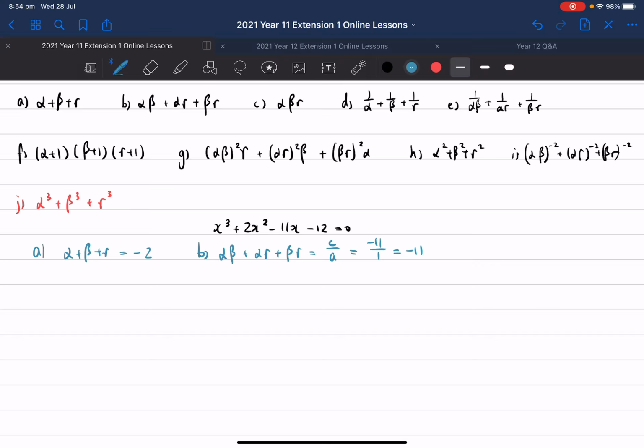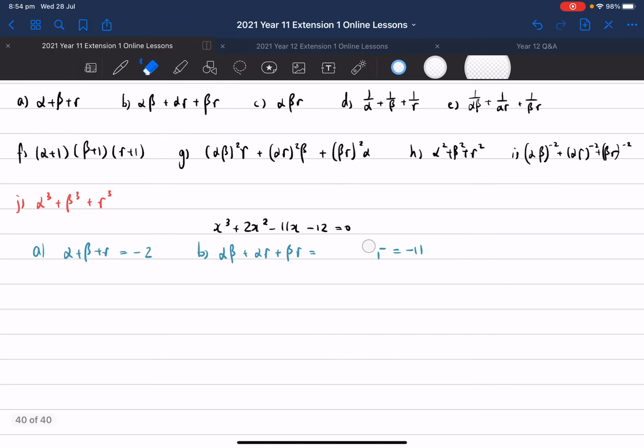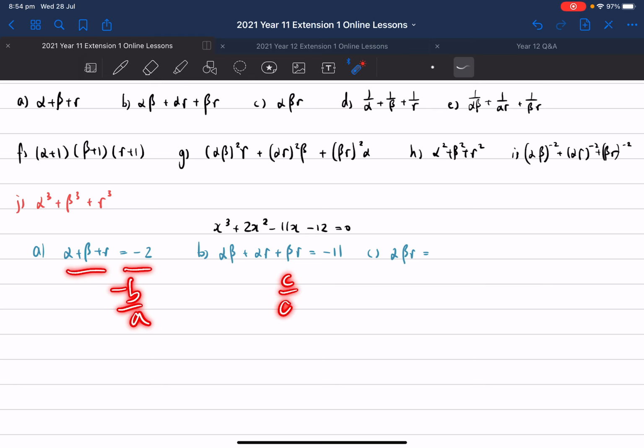So the first one is minus b on a, the next one is c on a, positive. You end up with a negative result because c is actually negative, so negative 11. And the last one, alpha beta gamma, so this is minus b on a, this is c on a, this is minus d on a again.